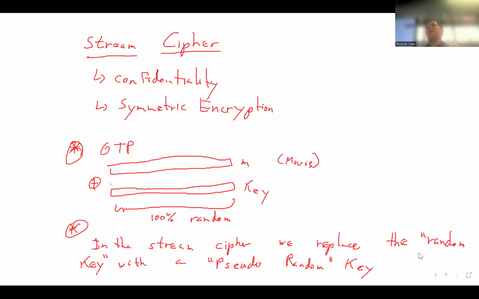And it's pseudo because we're going to have to use an algorithm. An algorithm is going to be deterministic, right? That's something you guys learn. Algorithms are deterministic, except that it's going to start with a key, and the key is the thing that will provide the randomness, okay?